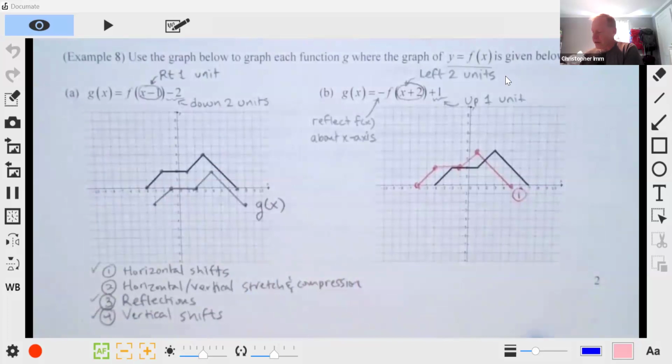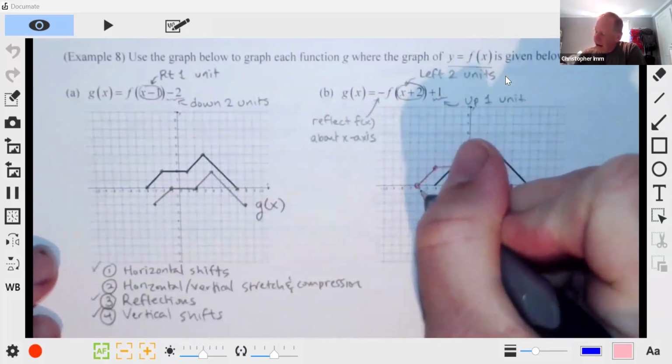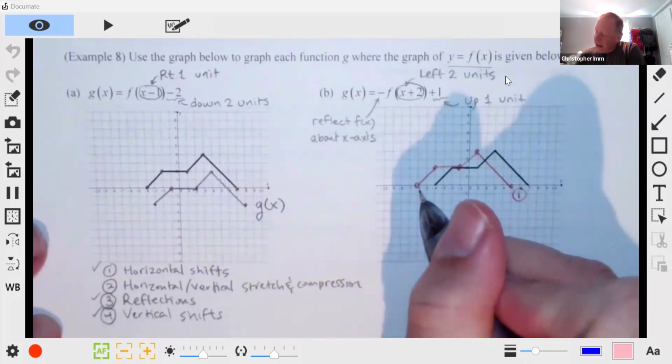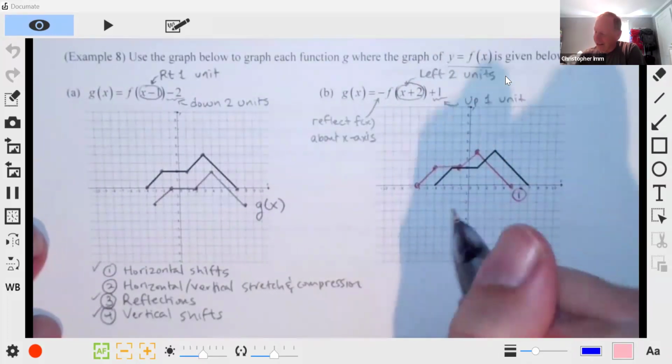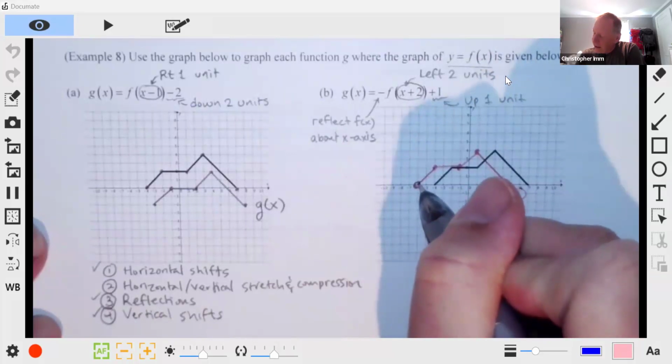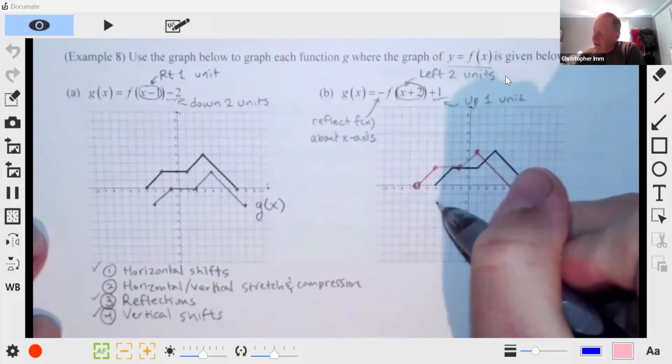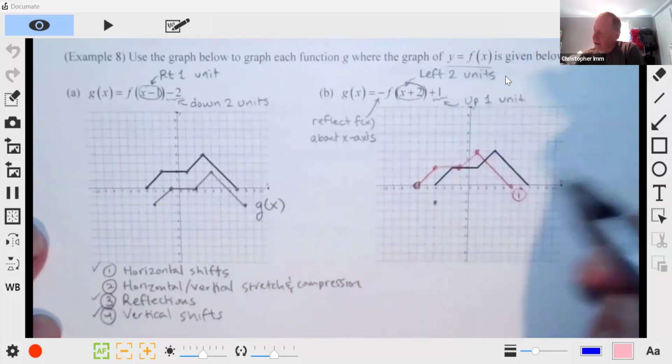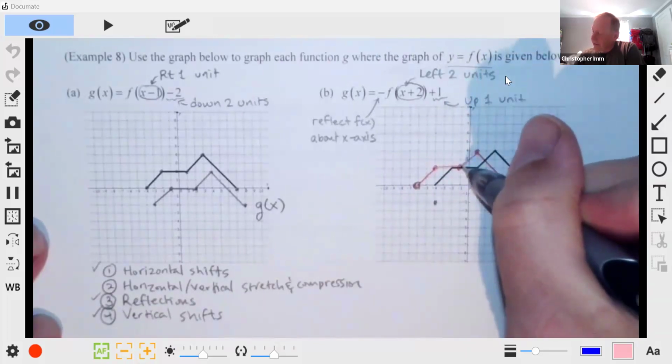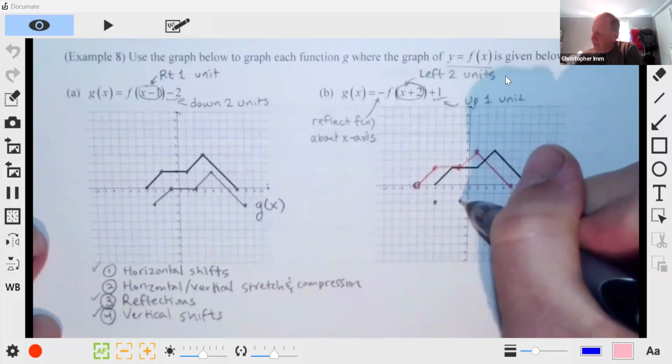Next, I'm going to do this reflection. So I'm going to make every positive y negative. I'll do that in this color. If I have a negative 0, that's going to be the same point. Here I have positive 2, so this one's going to go down to negative 2. I have a positive 2, this one's going to go to negative 2.